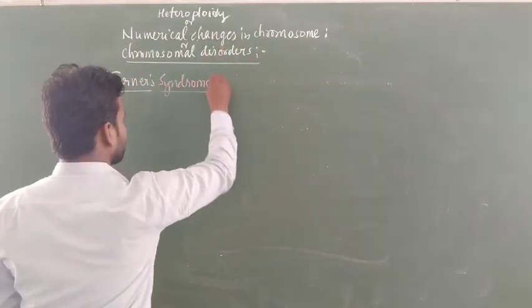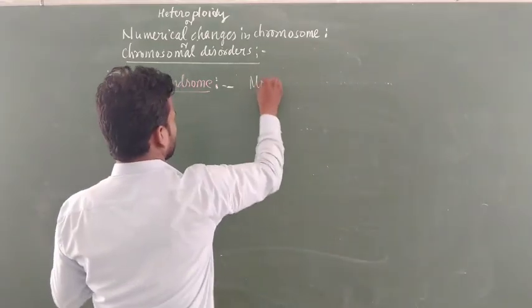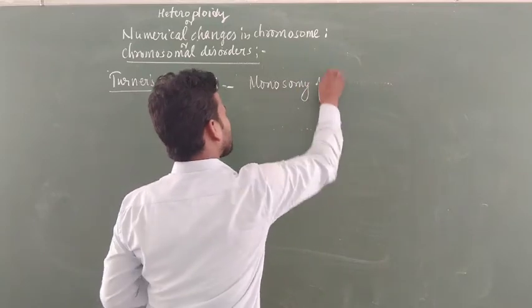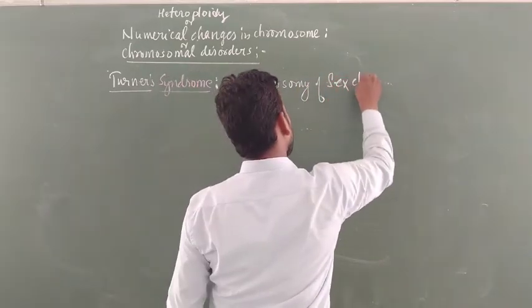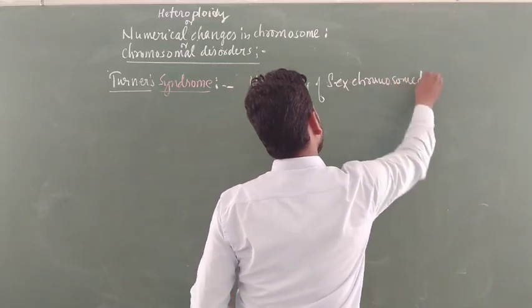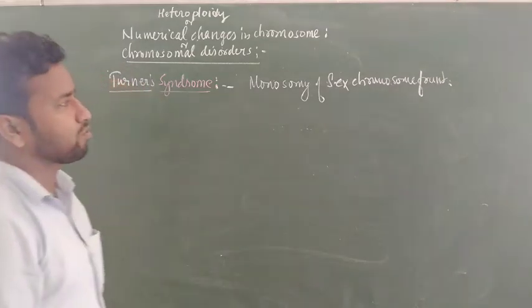In Turner syndrome, the monosomy of sex chromosome occurs. The monosomy of sex chromosome is found.